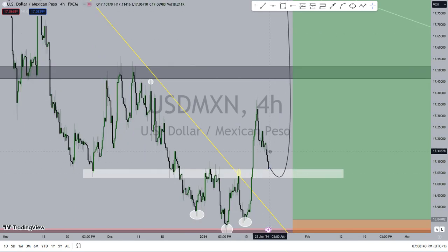So yeah, this is it. Price has ranged for some time on the 4 hour chart, and then it has broken with an impulsive move to the upside. And now this is kind of a retracement to the neckline, and then we should potentially see more bullish candles to the upside.